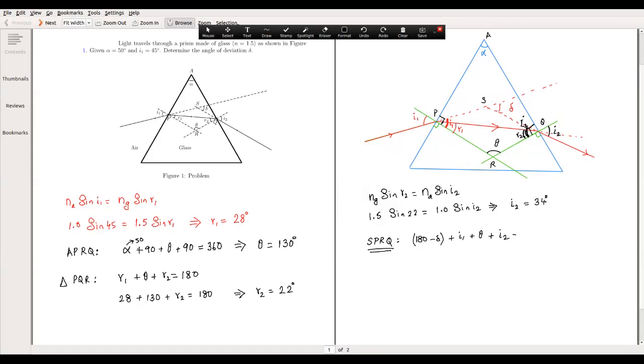And all these four angles together, since it's a quadrilateral SPRQ, should be equal to 360 degrees.